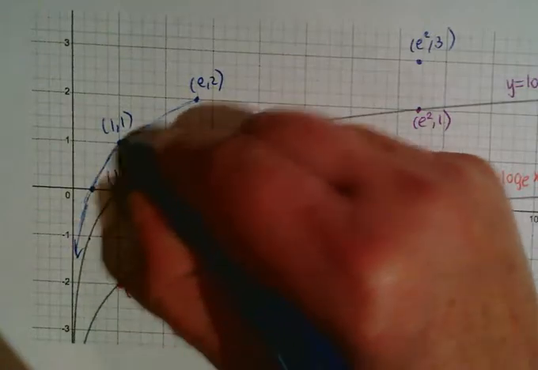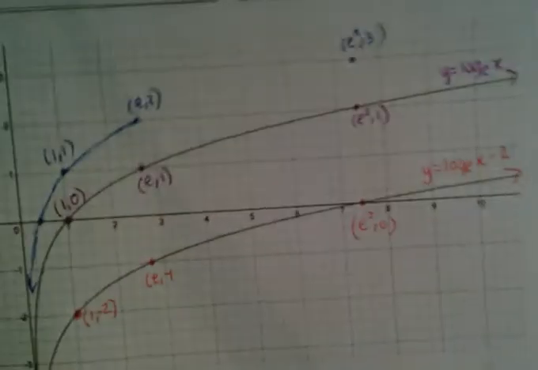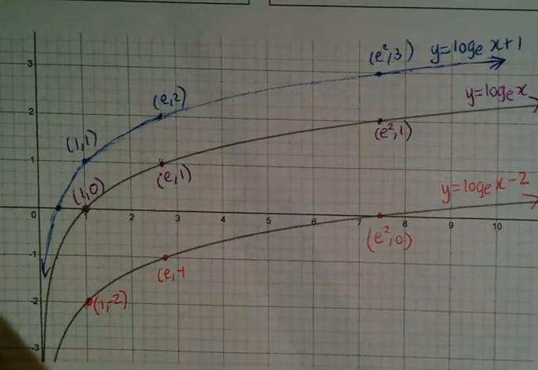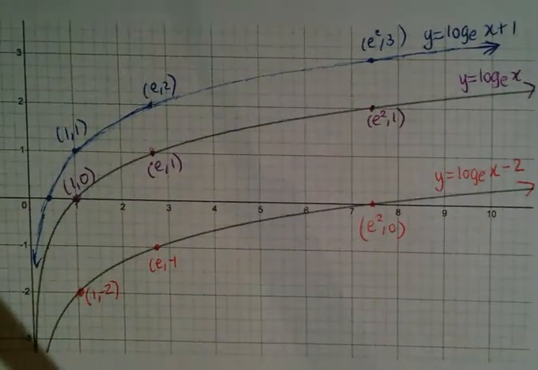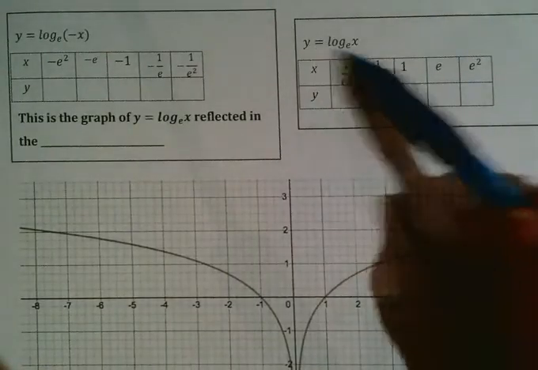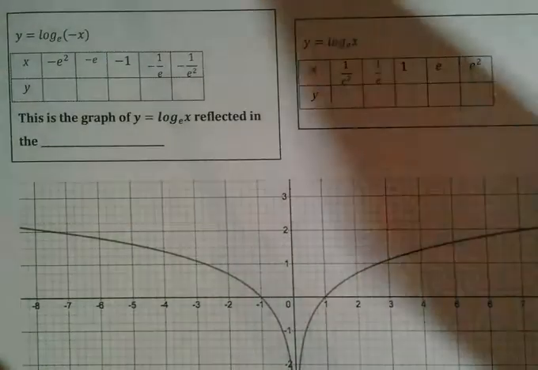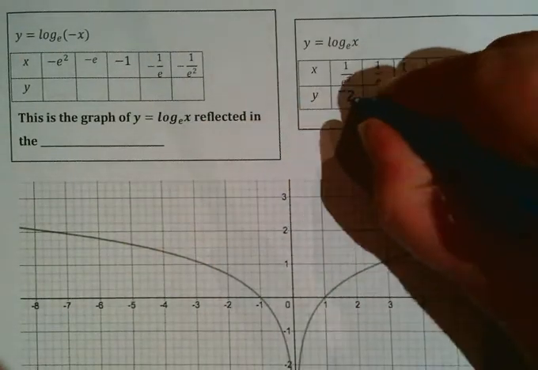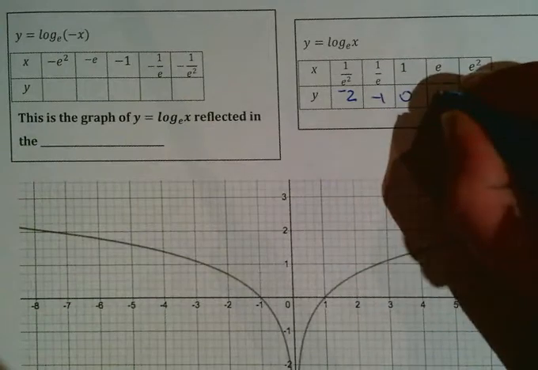So just try and use a pencil, actually. All right. The blue curve, y equals log to the base e of x plus 1. Okay. Now for the last page, just looking at comparing log to the base e of x, which we've already drawn many, many times. So just filling in your table of values for that.